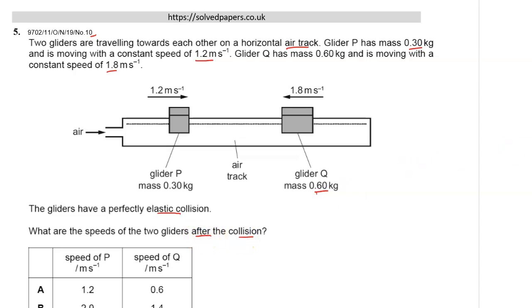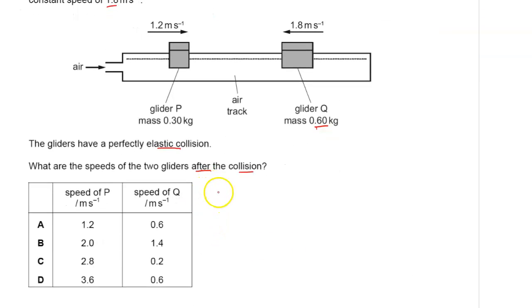Now, to answer this question, you always think in terms of relative speeds. If you are traveling on glider P and you look at glider Q, how will the speed of Q appear to you? We know that the relative speed of approach for an elastic collision is always equal to the relative speed of separation.